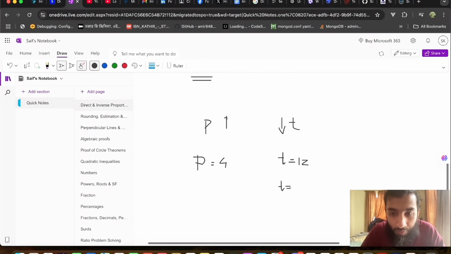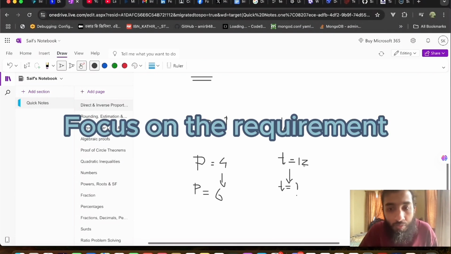You have to find the value of T when P becomes 6. When P increases from 4 to 6, you have to find what T decreases into from 12.